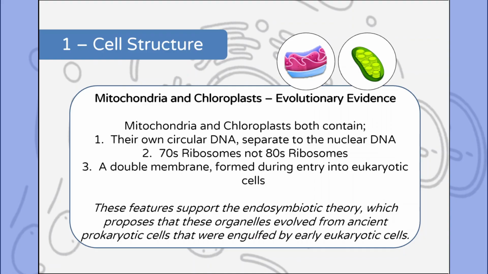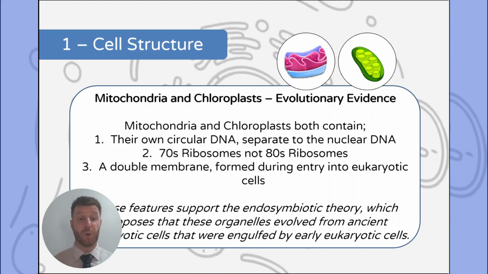As such, points 1, 2, and 3 therefore support that they are in fact prokaryotic organisms. That can be questioned really commonly in a variety of different ways. If you are going to follow along with my course, I've got some of those questions in my end of unit exam, but please make sure that you're aware they're looking to trip you up here.